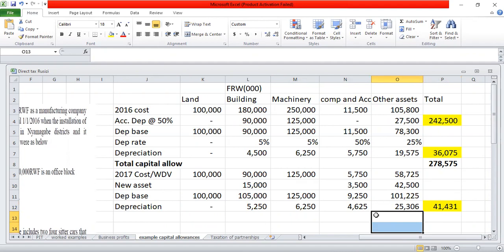As I said, we are expecting to get a clarification on this part. So if the clarification changes, of course, I will update you to the changes on how to compute the capital allowances. But for the time being, let's take it at this point on this computation.